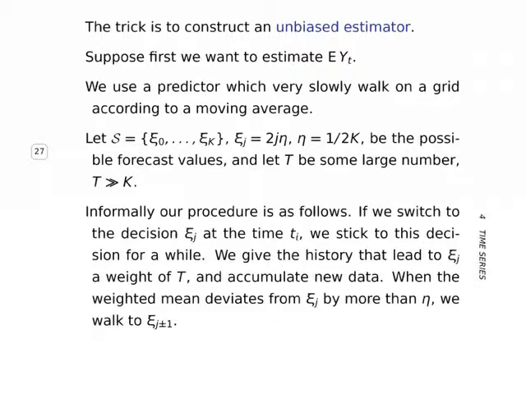The procedure is based on the following structure. I stick to a decision C sub j, and I stick to it until I accumulate enough data to say this is wrong. I need a really large data set that tells me something is wrong here, and then I move quite slowly, only one step right or one step left.